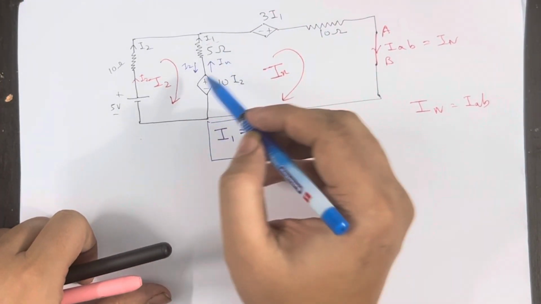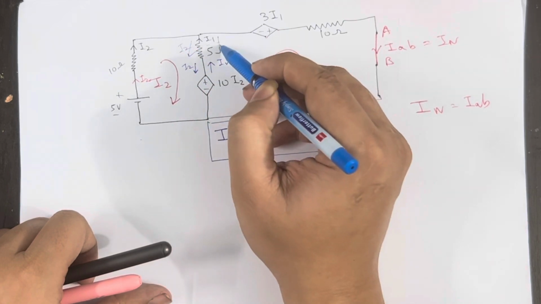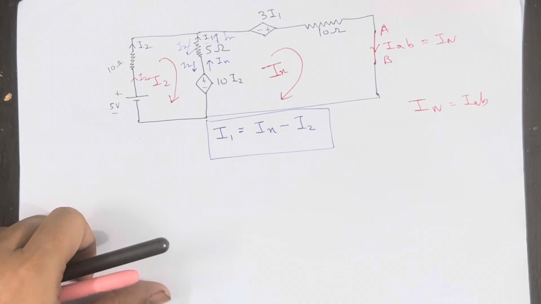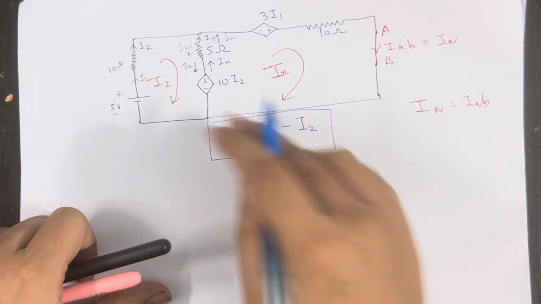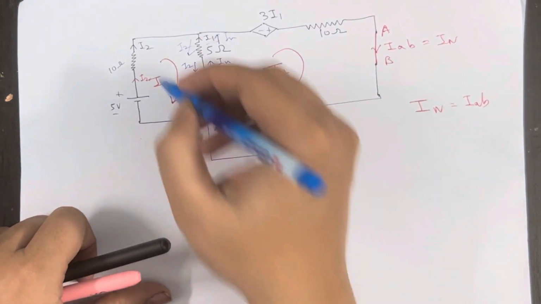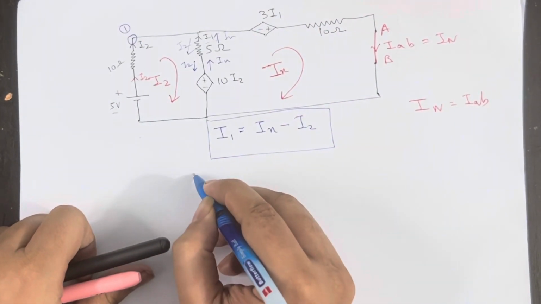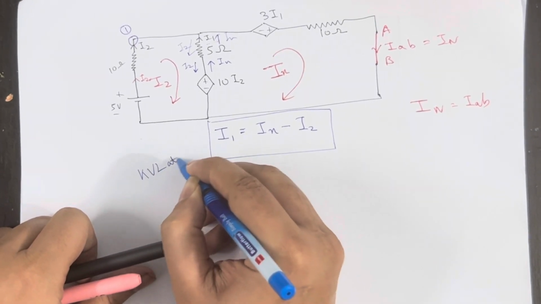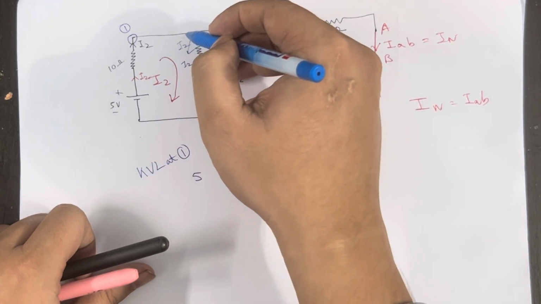This is Ix. Here I am saying that I2 is flowing downside and Ix is flowing upside, and I1 is the same as these two. So we simply write the equation first, and now we write a KVL equation. KVL at loop 1. I start from this point and go like this, coming from up to down.